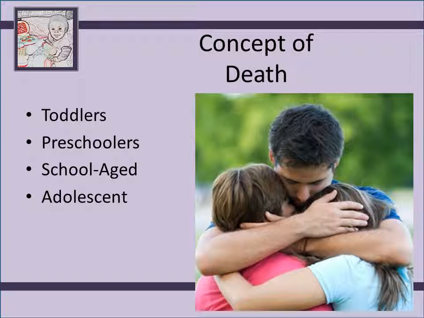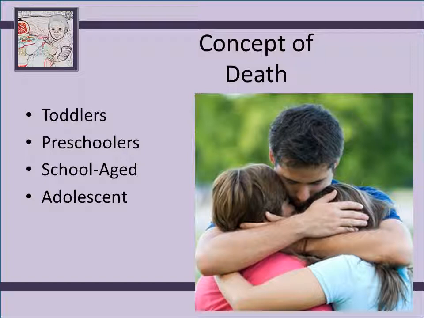They can demonstrate curiosity about death of other humans, animals, or plants. They have that magical thinking. Bad thoughts might come true, or they might think of it as a punishment. They view death as being reversible. Their greatest fear of death is separation from their parents.